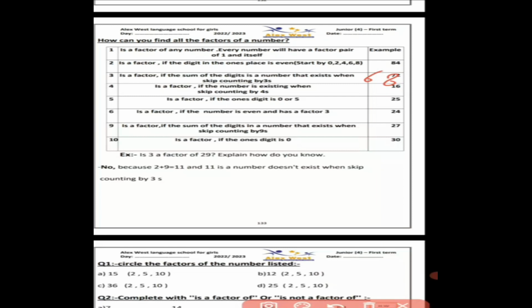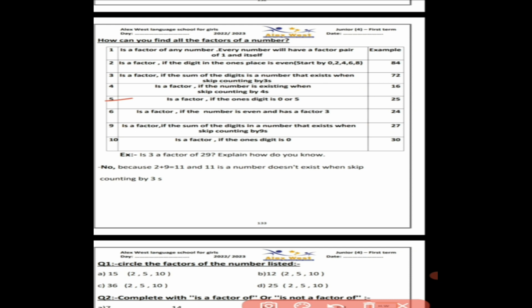Let's try. 6 plus 8 equals 14. Is 14 divisible by 3? No, 14 isn't divisible by 3, so 3 isn't a factor of 68.